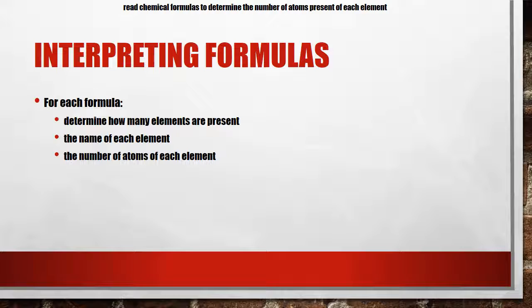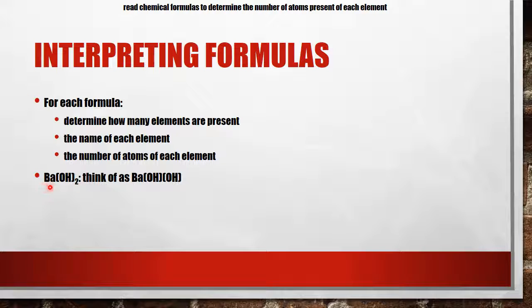So we're going to do the same thing we did before. We're going to determine the number of elements present, the name of each element, and the number of atoms of each element. So the first one we'll do is that first one we saw on that last slide, Ba(OH)2. And here's the best way I can encourage you to think about this. When you see parentheses, just write everything inside the parentheses the same number of times that you see the subscript.